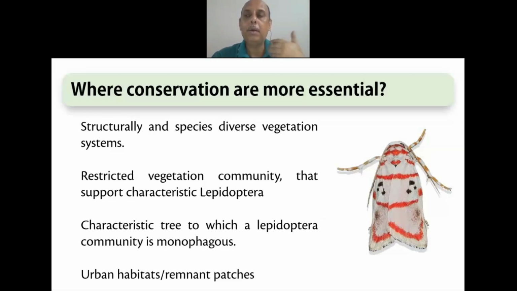But if the population of that species is very low in comparison to other areas, then we know that something is disturbed in that location. Then we can look up the causes of the disturbances, and then we can go out for conservation.